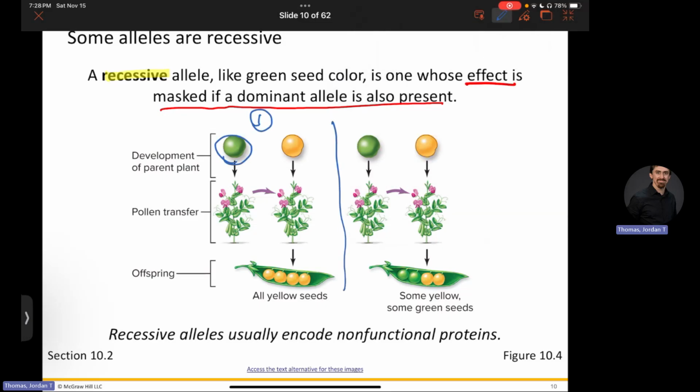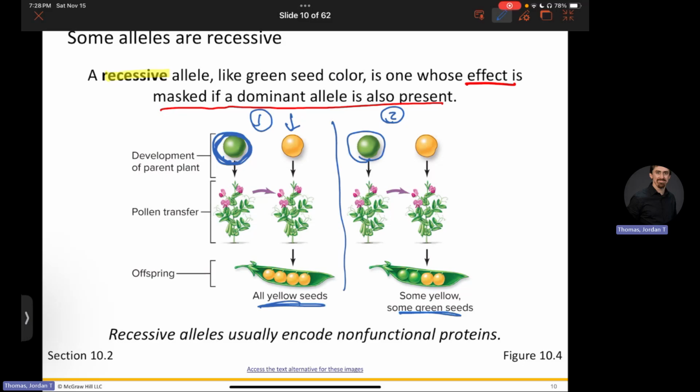We have the green seed here, but notice all yellow. So now we know this green color seed is a recessive trait because even though it's present, since we have yellow, we get yellow seeds only. Even for this one, we have green seed present in the second example, but we get some yellow still.